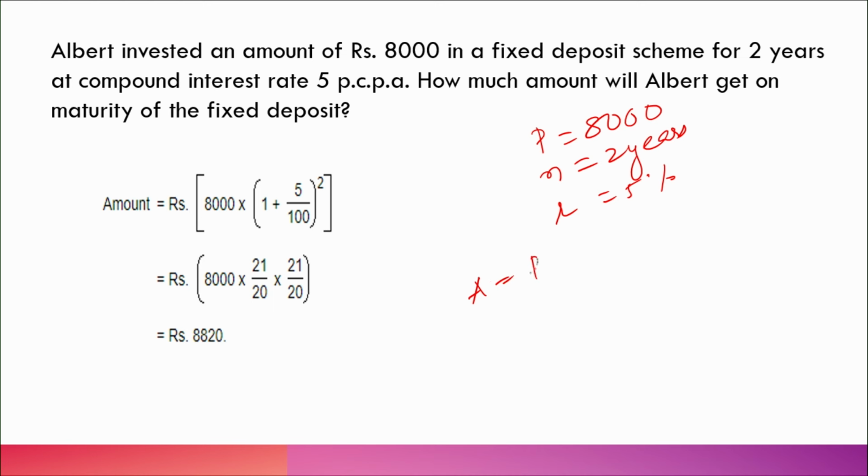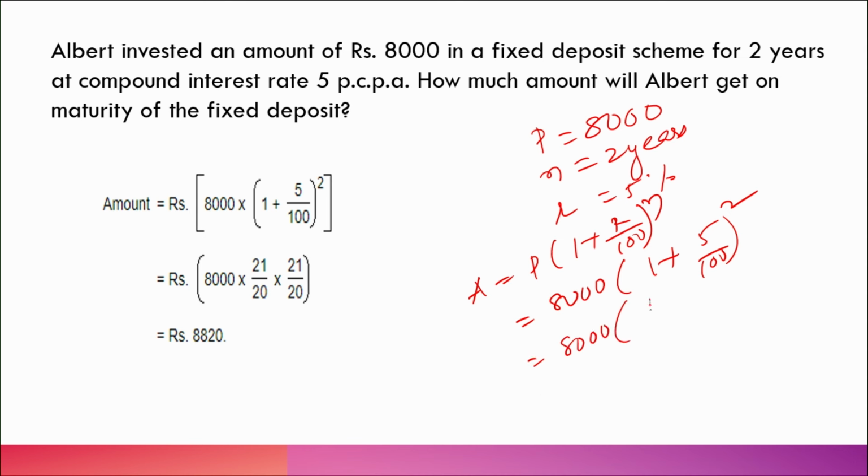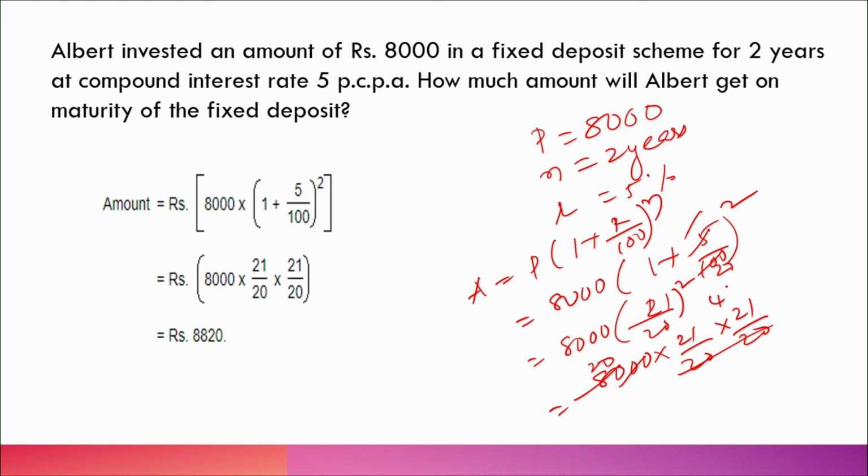A is equal to P(1 + R/100)^n, that is 8,000 times (1 + 5/100) squared, or 8,000 times (21/20) squared, or 8,000 times 21/20 times 21/20. 20 times 20 is 400, and 21 times 21 is 441. 441 times 20 is 8,820.